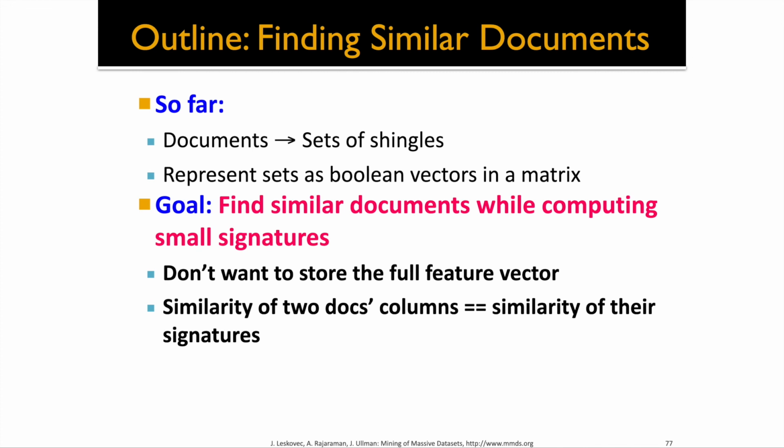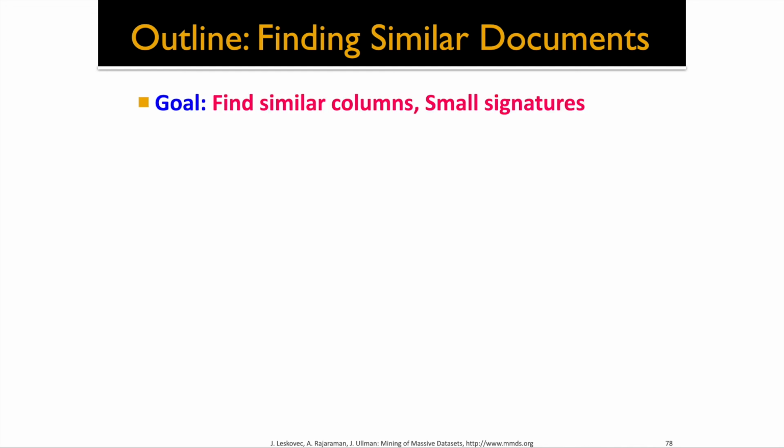And what we want to do is find pairs of documents that are similar, while computing only small signatures. We don't want to have to store a full set of features for all of the elements in our set. So we don't want to have to deal with storing the full set of shingles for everything, because that might be too memory intensive. And we want to make sure that the similarity between two documents should be equal to the similarity between these short signatures of these two documents.